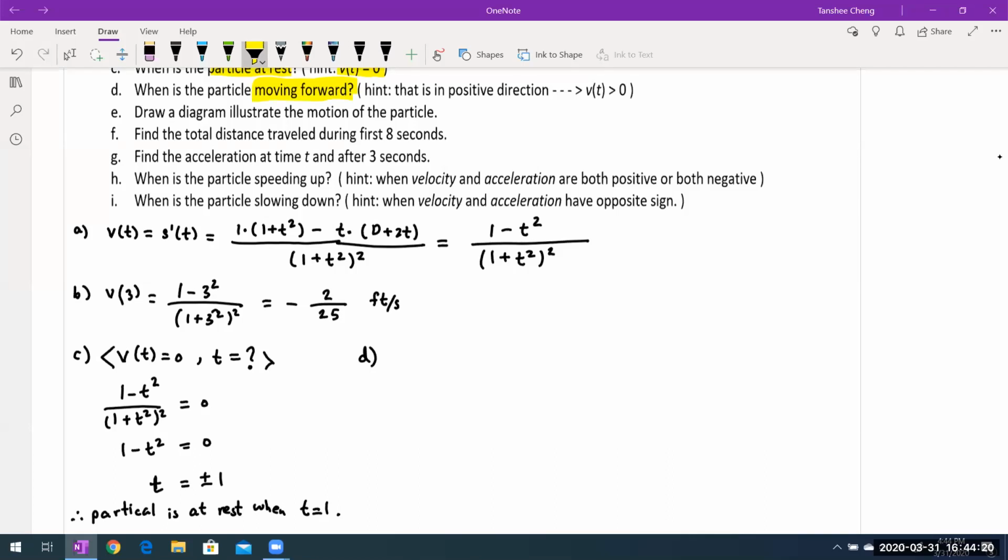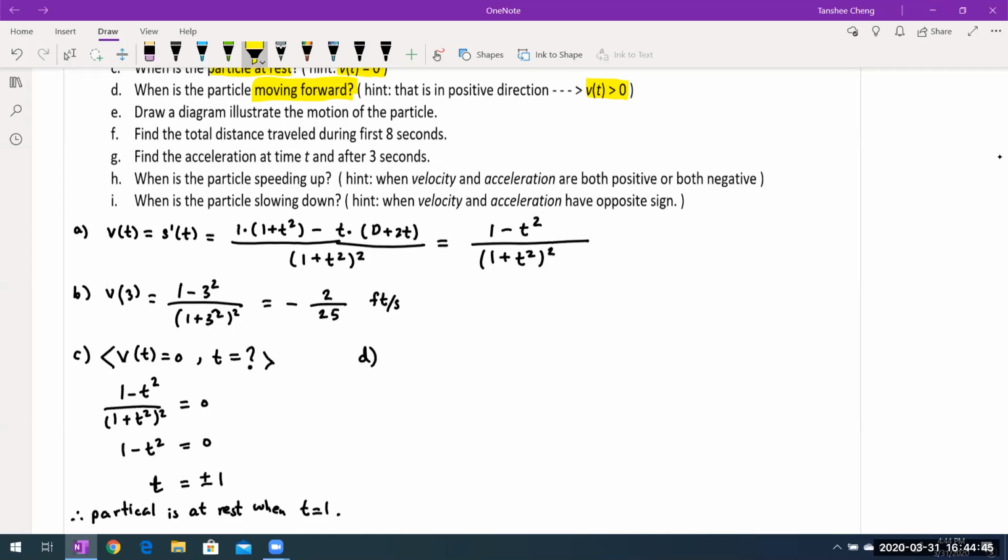Moving forward is basically talking about going in a positive direction. That happens when the value of the velocity function is positive. Anytime that's given, that means the particle is moving forward.